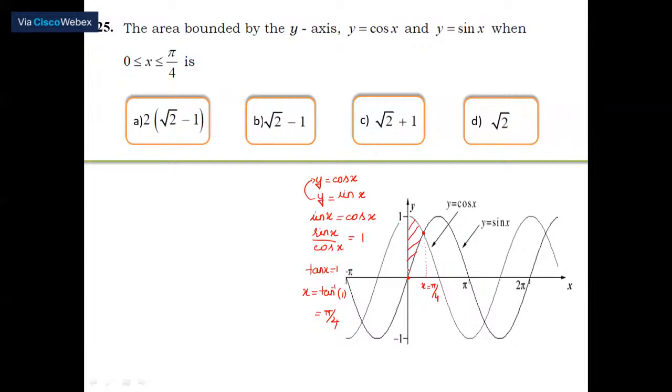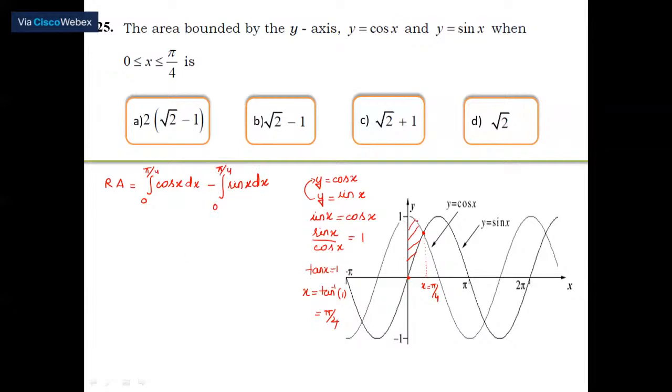To find this area, first we'll find the area from the x-axis to our curve cos x. From that, we'll subtract the area from the x-axis to sin x. So our required area is the integration of cos x from 0 to pi by 4, minus the integration of sin x between 0 to pi by 4.